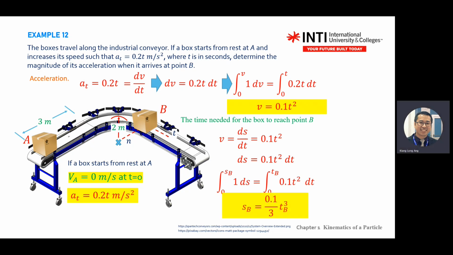Okay, you get s to reach the B location equal to a cubic equation, 0.1 divided by 3 t cubed. Up to here, you are evaluating the simple definition of velocity and acceleration. Everything makes sense to you. If you cannot do integration, you cannot reach here. You need to do integration, then you continue to recycle, you get another one. So you have two newly developed equations.